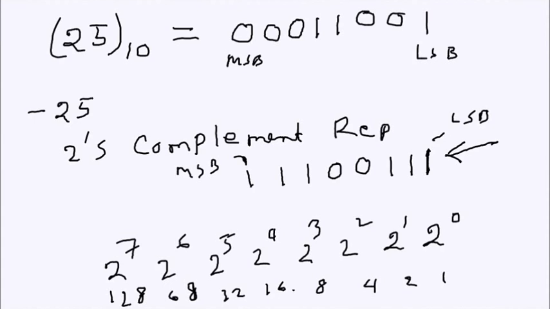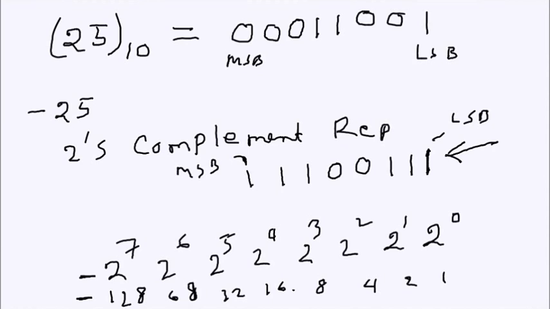This is the weight for the 2's complement representation of a positive number, while for a negative number it is different: the MSB carries a negative weight, so this is minus 128.